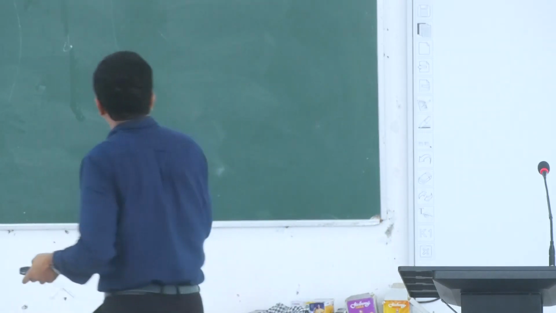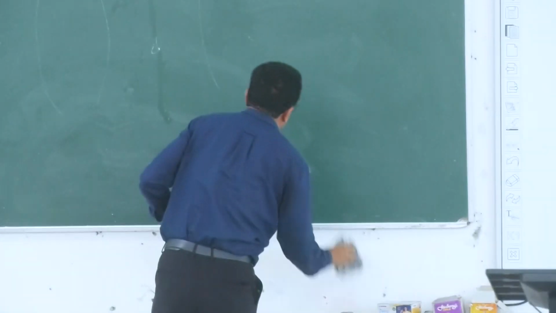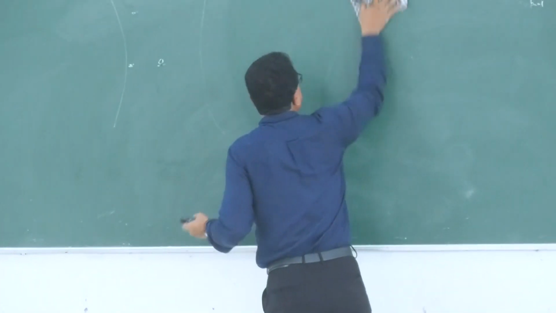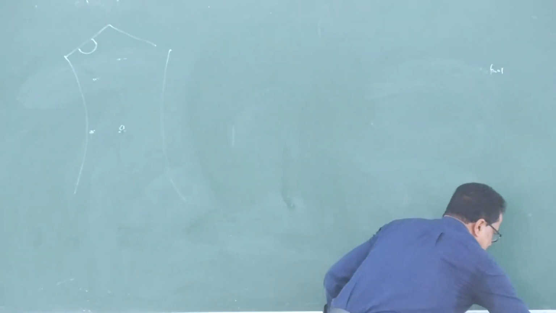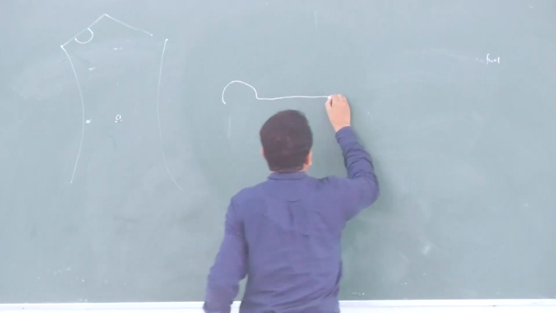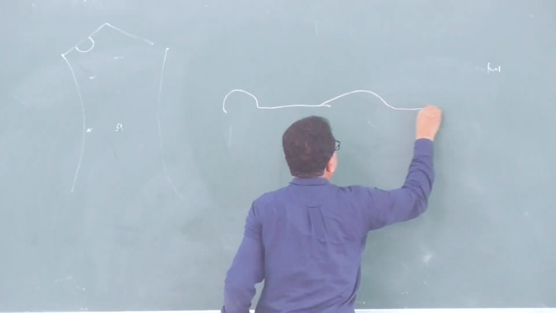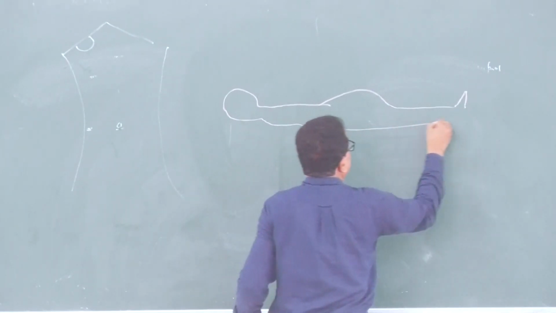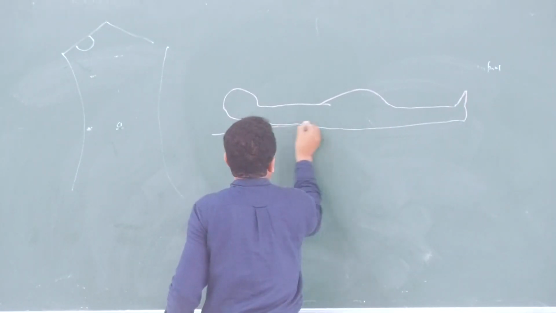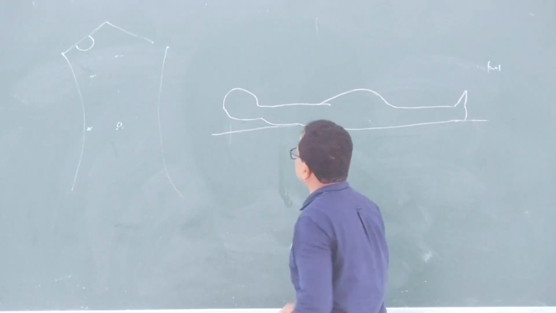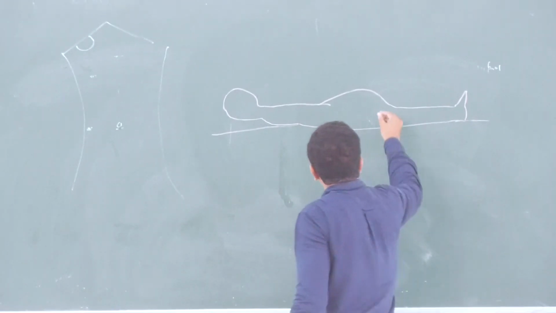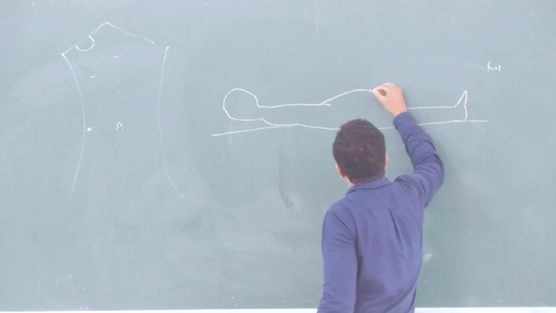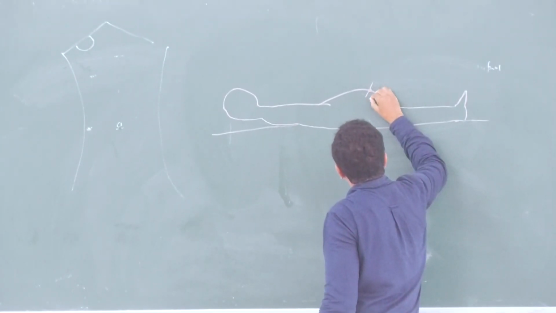So basically what happens in a laparoscopic surgery is this. Suppose the patient is lying like that on the operative table. Now here in the umbilicus, what we put is like a tube.